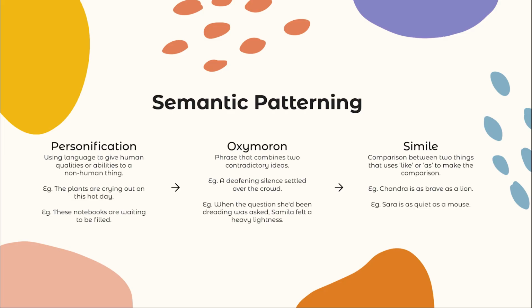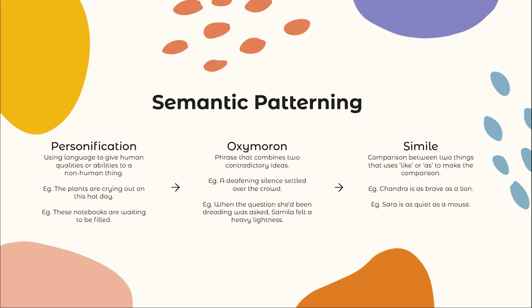Then we've got oxymorons. These are phrases that combine two contradictory ideas, often to enhance our description of a particular event or idea. So we have the example, when the question she'd been dreading was asked, Simile felt a heavy lightness. And here we've got that oxymoron, heavy lightness.